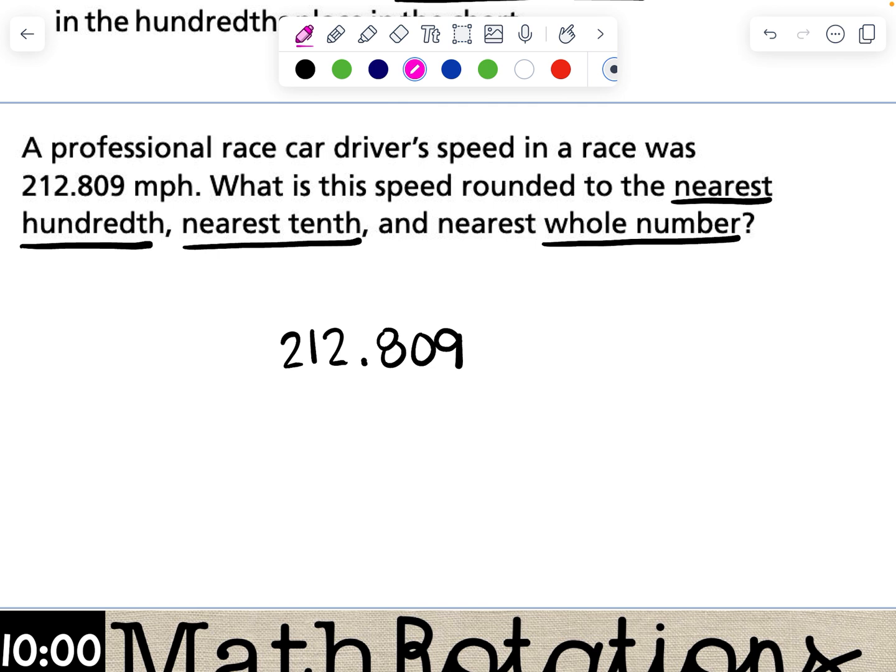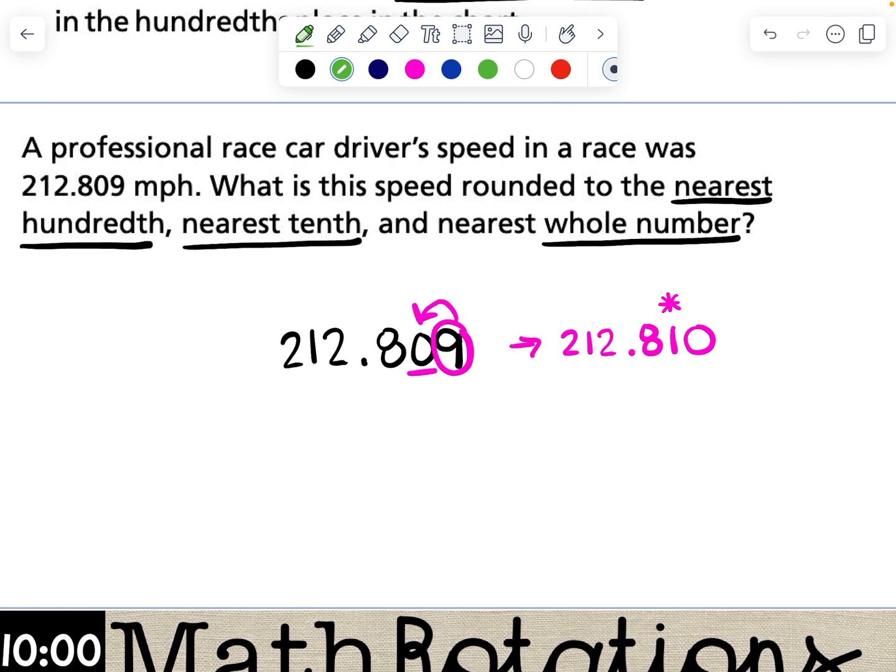The first one we're going to do is the nearest hundredth. Find your number, look right next door. That is going to be rounded to 212 and 81 hundredths. With or without that placeholder, it does not change the value of your rounded digit.